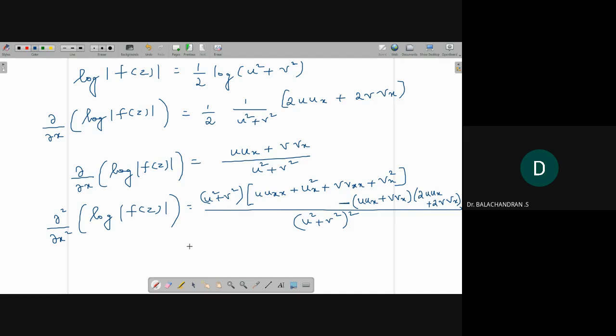So now you can write this as, you can group these two, and similarly you can group these two. So here you have u square plus v square into u into uxx plus v into vxx plus ux square plus vx square.